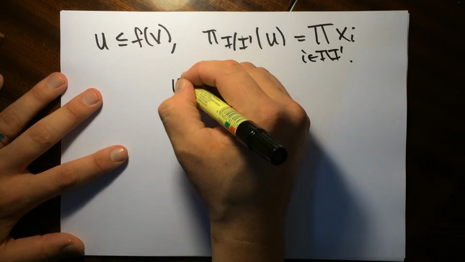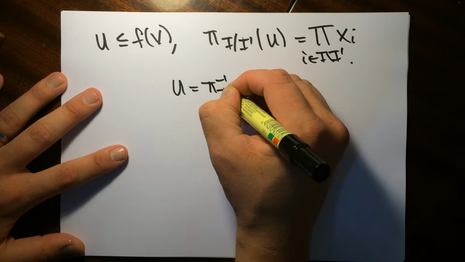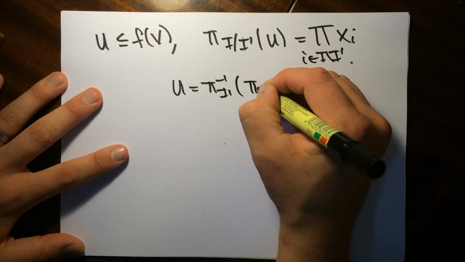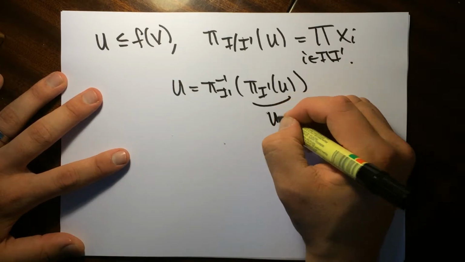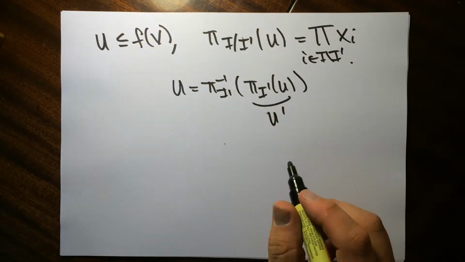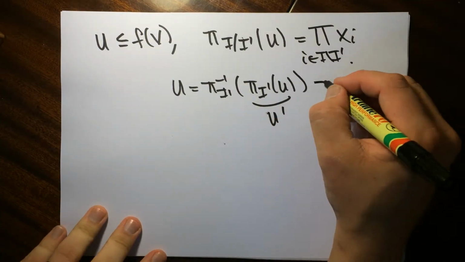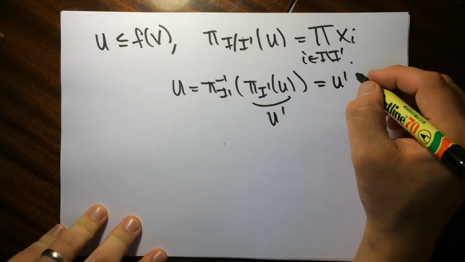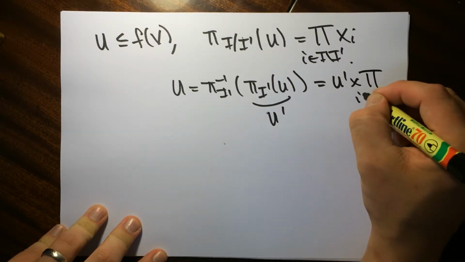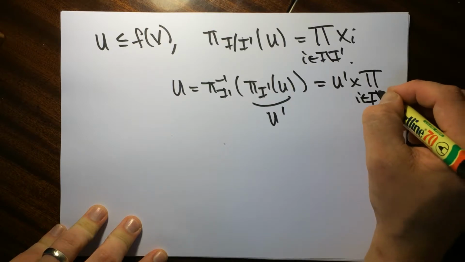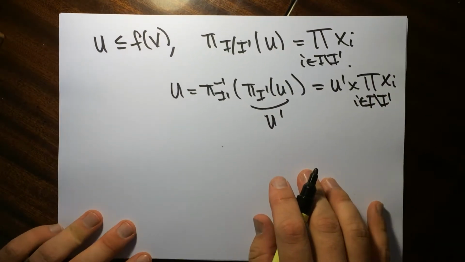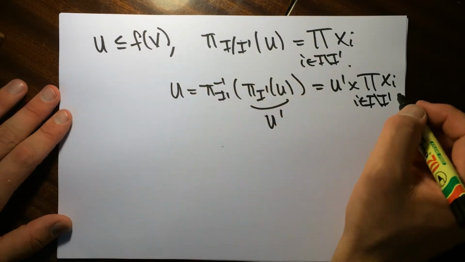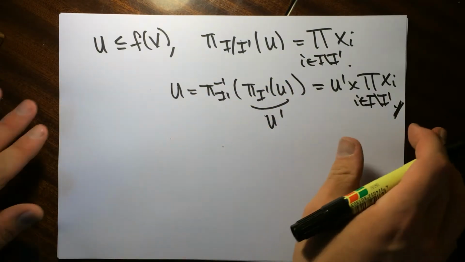I'm going to say that U is going to be pi inverse of I prime, pi I prime of some U, and then this is going to be U prime. This is why this is going to be equal to U prime cross the product for i in I minus I prime of Xi. This is the sketchy part here. I'm just going to leave it at that.